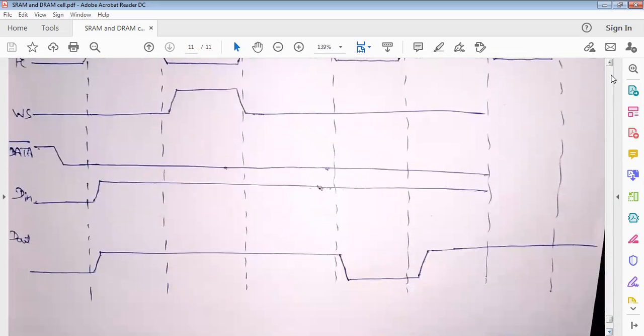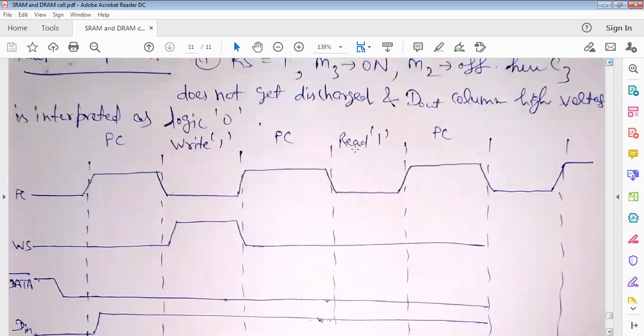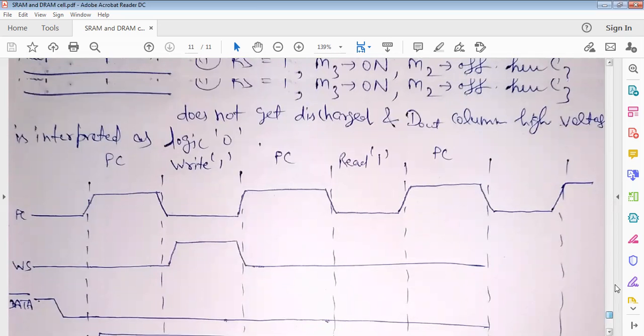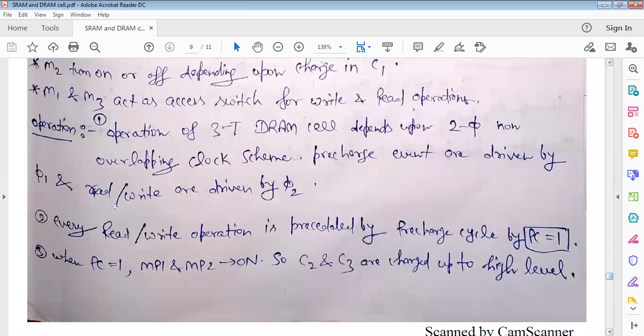When PC value is 1, that will be the pre-charge operation. Let's consider how the pre-charge operation is performed. When pre-charge PC is equal to 1, first of all let us consider the pre-charge cycle.